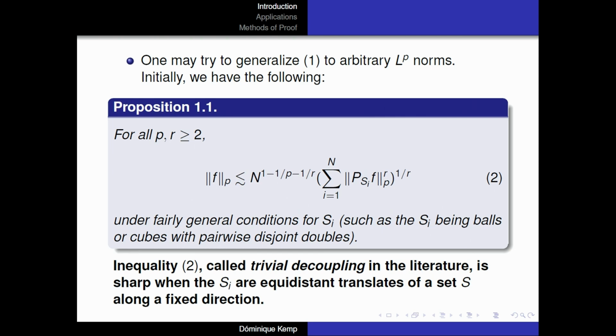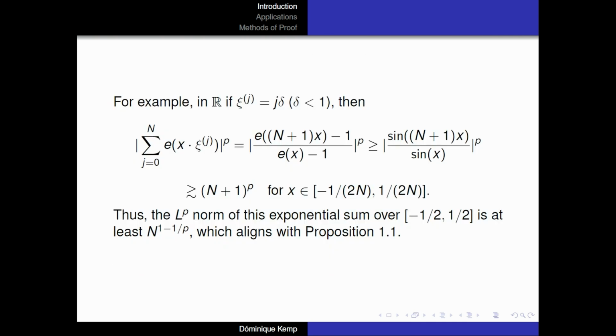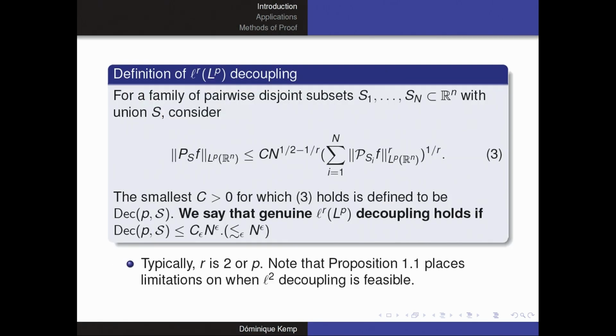And so the product would be n to the 1 minus 1 over p, and that would now match what we have on the other side of the LP norm of f. So this is an example of why the sharpness phenomenon occurs when we have the equidistant translates as being our sets S_i. Okay, so keeping it moving, we should get to the definition of decoupling.